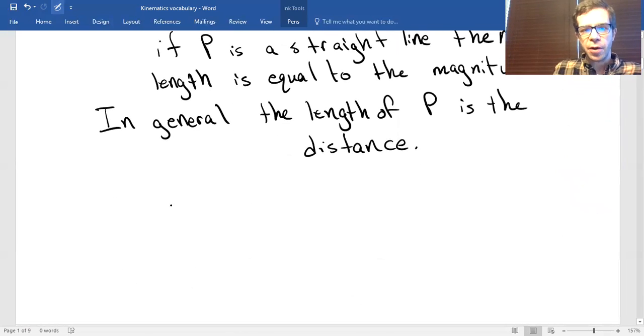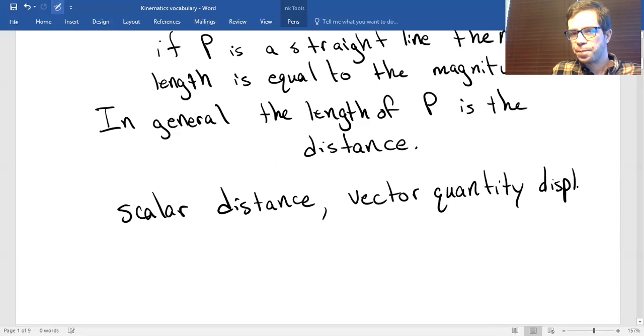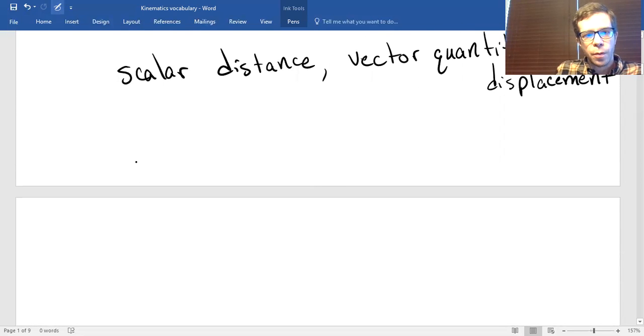All right, so now we have a good idea of our scalar quantity distance and our vector quantity displacement, the next thing we want to talk about is rates of change. So V is the rate of change of displacement, and that's what we call velocity.